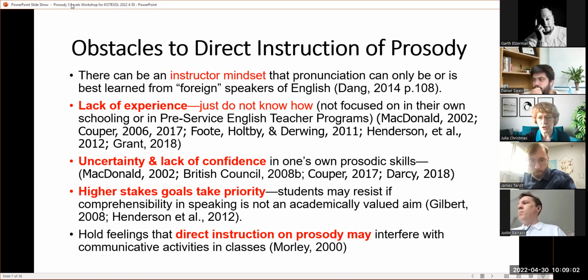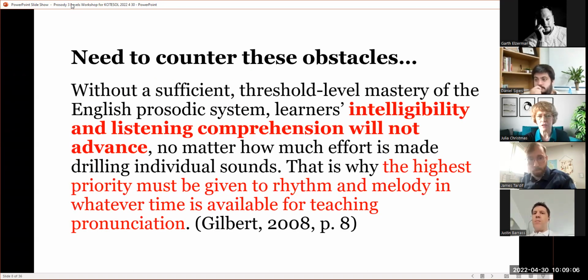So I want to show some ways that we can counter these obstacles, because without learning of the prosodic system, the intelligibility and listening comprehension does not advance. No matter how much effort you make on those individual sounds, it just doesn't get better. So priority needs to be given to rhythm and melody in whatever time you have. Just do it, even just a little bit.